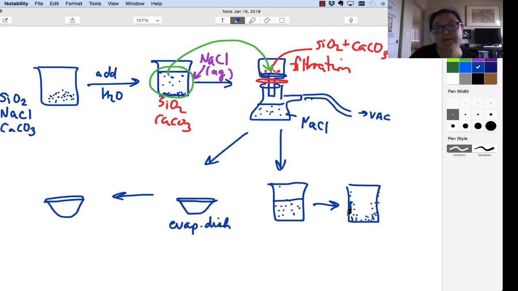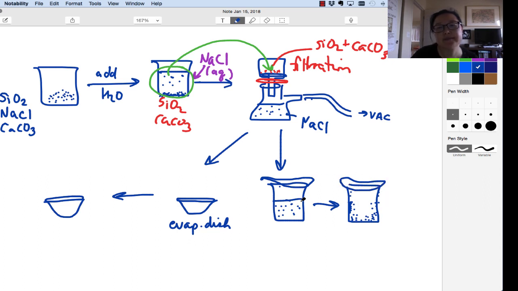Now, the salt's going to be everywhere, all along the sides of the beaker. Also, when you boil something using a Bunsen burner, it's high heat and the salt tends to pop out once it gets dry. So we recommend using a watch glass, which is a piece of glass, to go over here. You're going to weigh everything here, and then you're going to weigh it again when the water has escaped.